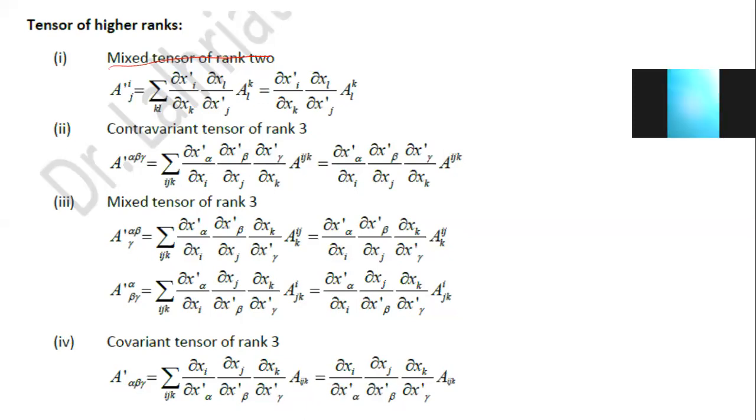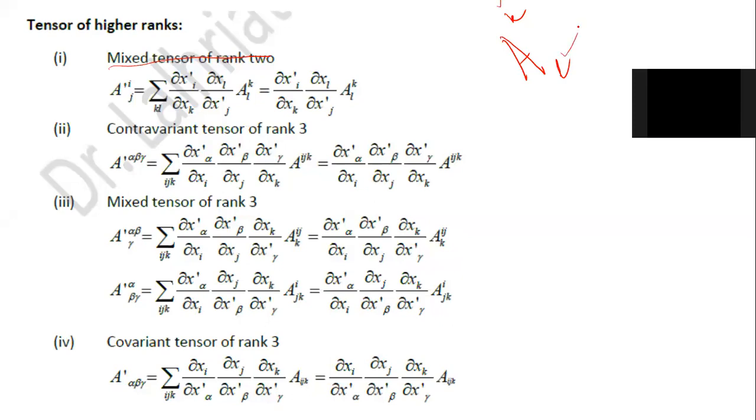Here, a mixed tensor means the component of a certain physical quantity measured in one coordinate system must have a contravariant index as well as a covariant index. See, if you put the index here in the superscript, this means that k is the contravariant index, and if you put L in the subscript here, L is the covariant index.